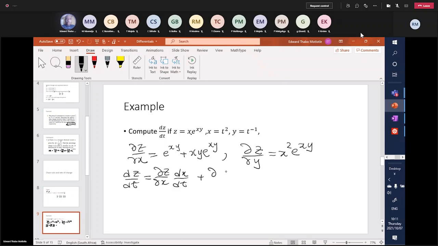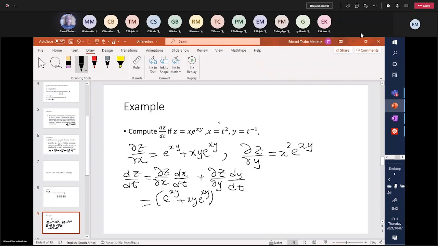We differentiate z partially with respect to y, dy/dt. Now substituting what we have there on top, we have e to the power xy plus xy e to the power xy, and then dx/dt.